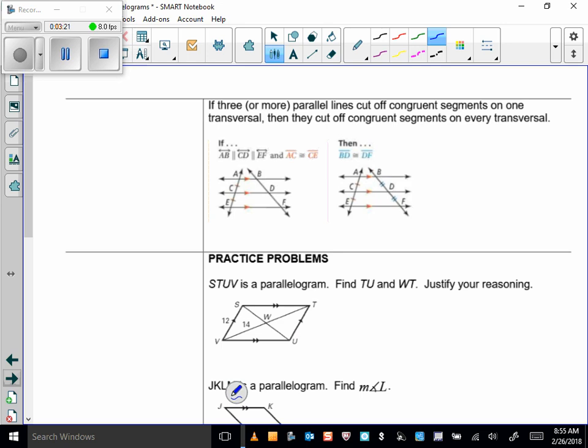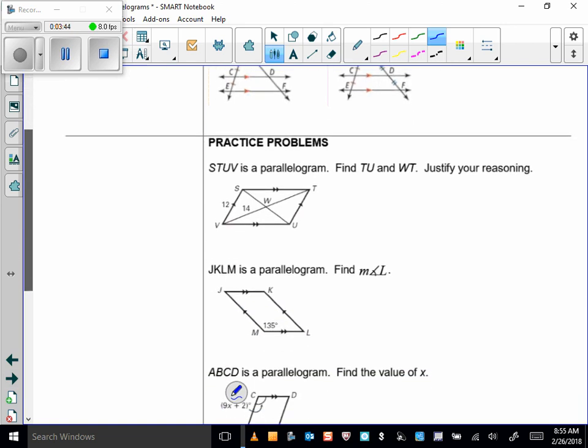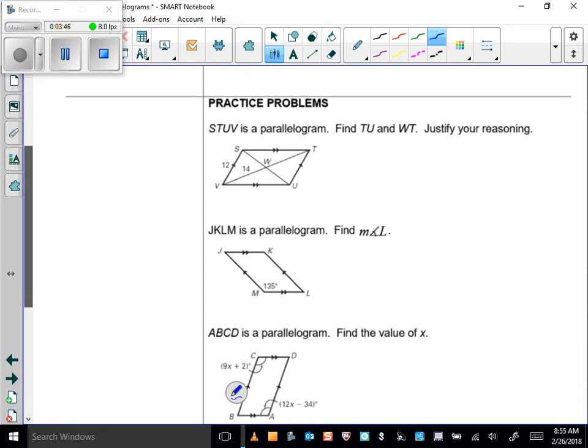The reason it's thrown in here is that you actually have to use parallelograms to prove this theorem, which we are not going to do right now, but that's the reason why we have this theorem thrown in here at this point, this lesson on properties of parallelograms. So it very well may be that you won't see that theorem again, or you won't have to use it in a proof at all. Okay, so there we go.